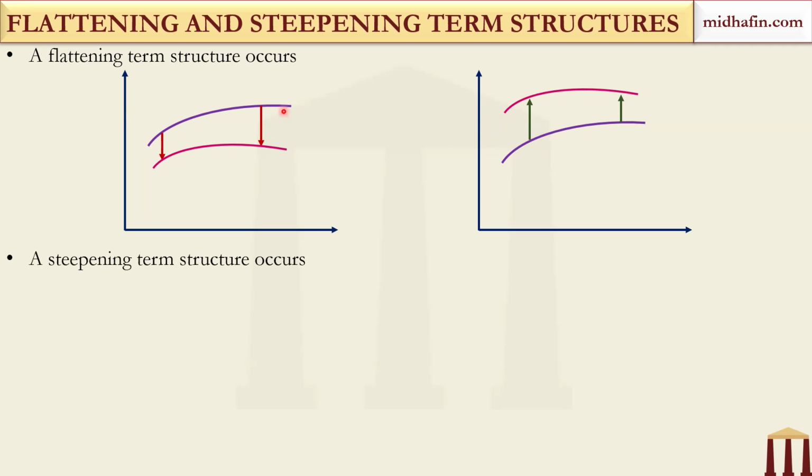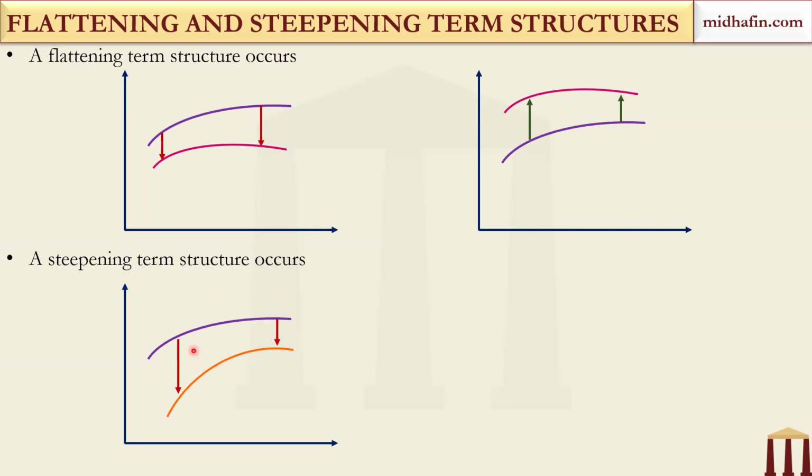Then the steepening of the term structure. You can have steepening even when the overall interest rate environment declines. Here, this is my original term structure. Now both the rates go down, but short-term rates go down by more than the long-term rates. Short-term rates decrease by 20, but long-term rates decrease only by 10.